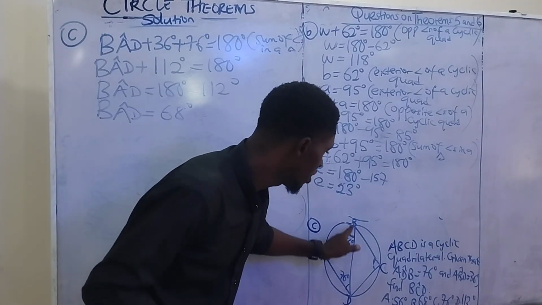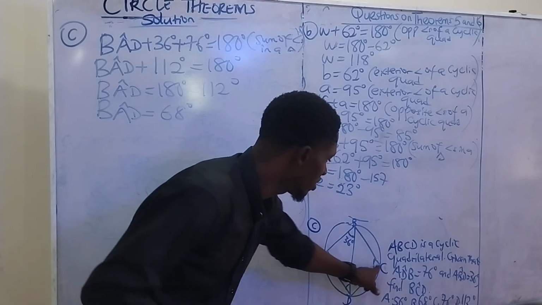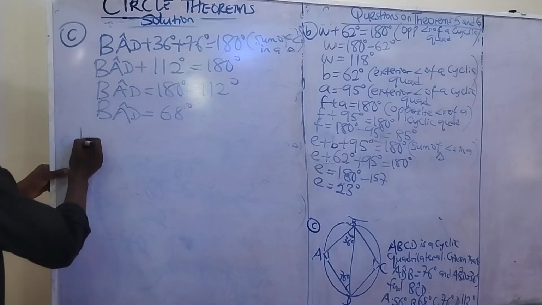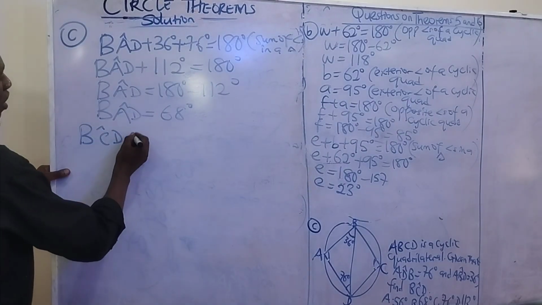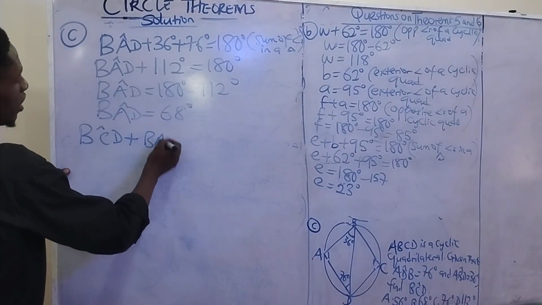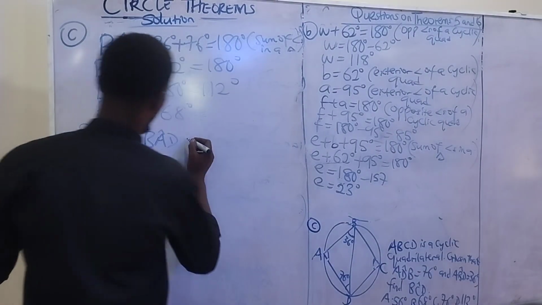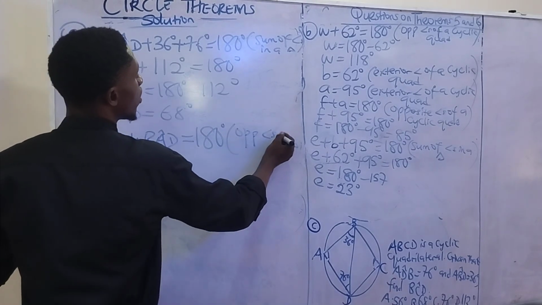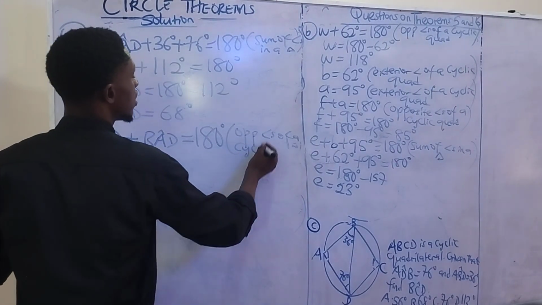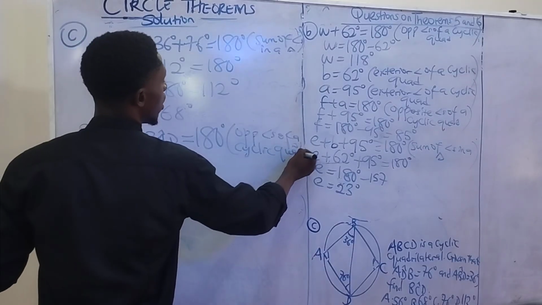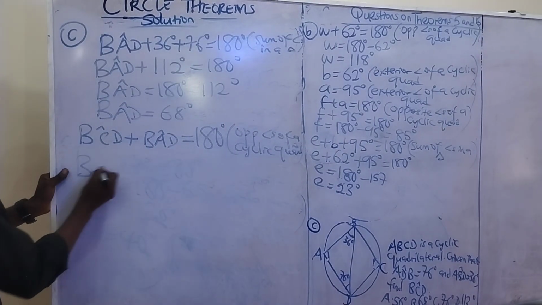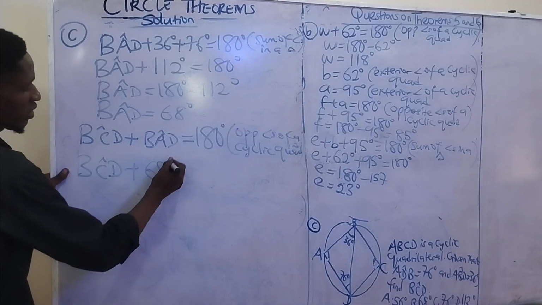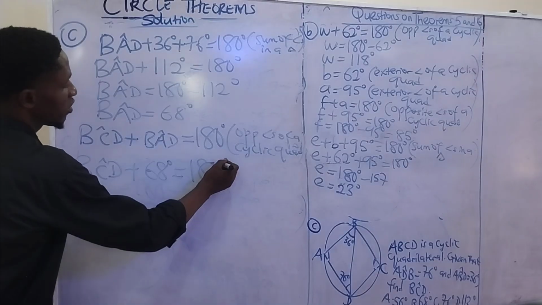Remember, we are told to find BCD. Look at this. They are opposite angles of a cyclic quadrilateral. So that's BCD plus BAD, talking about this angle, is equal to 180 degrees. Opposite angles of a cyclic quadrilateral. So BCD plus, we have gotten BAD as 68, is equal to 180 degrees.